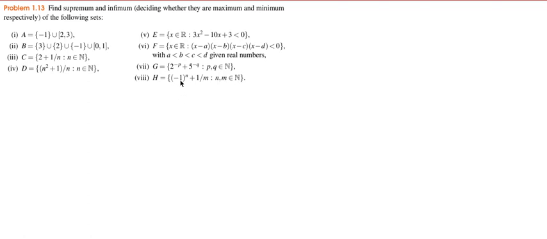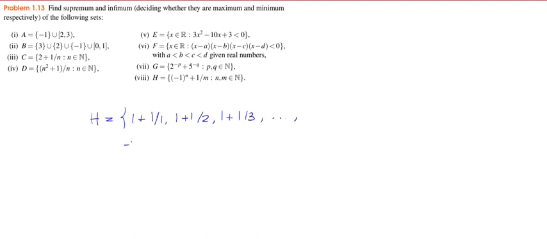that has (-1) to the n plus 1 over n, for n natural numbers. So let me do something. (-1) to the n can either be 1 if n is even, or -1 if n is odd. So we have either 1 plus 1 over 1, 1 plus 1 over 2, 1 plus 1 over 3, and so on.